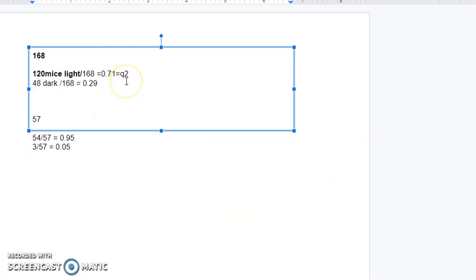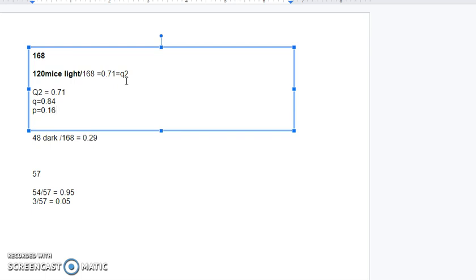If q squared is equal to 0.71, we can find q. We're going to take the square root of 0.71, and q is equal to 0.84. So that means that our p would be equal to 0.16.